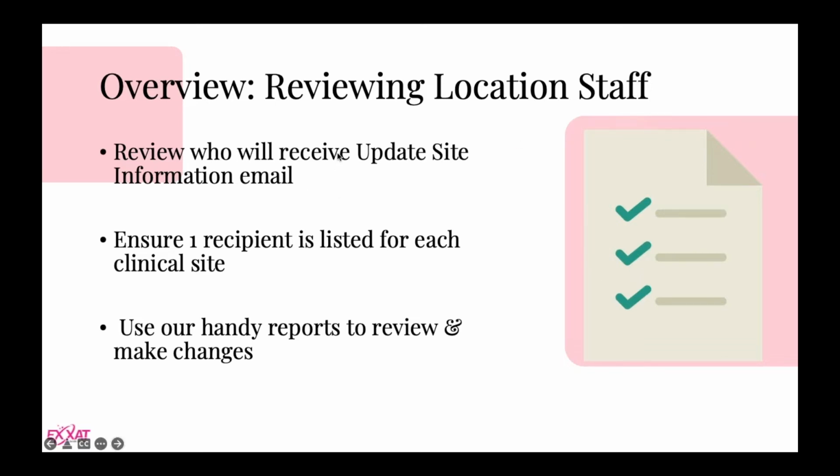That configuration on the personnel works for both the slot request and the location information. So you're going to want to review your information to see who's going to be able to receive it. You want to make sure at least one recipient is listed for each clinical site and location, and then you can use some of our handy reports to review and then make any changes to those personnel.